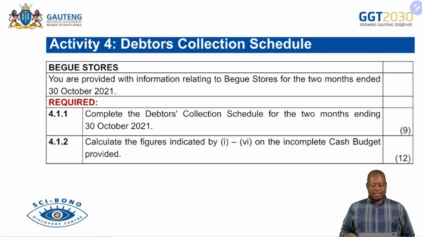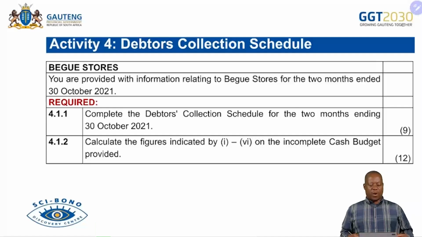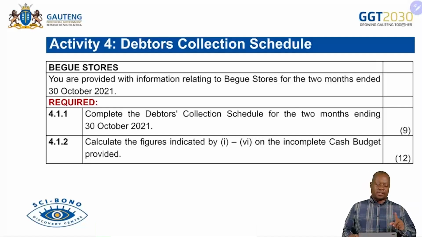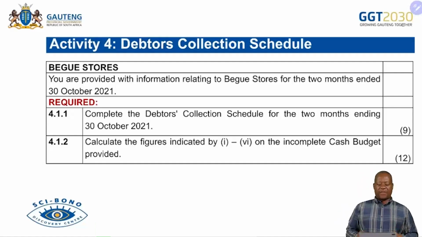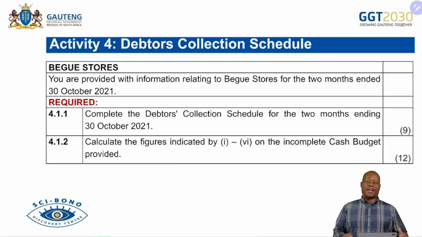This activity is Beige stores. You are provided with information relating to Beige stores for the 2 months ended 30 October 2021. Required. Complete the data collection schedule for the 2 months ending 30 October 2021, and then calculate the figures indicated by 1 to 4 on the incomplete cash budget that is provided.